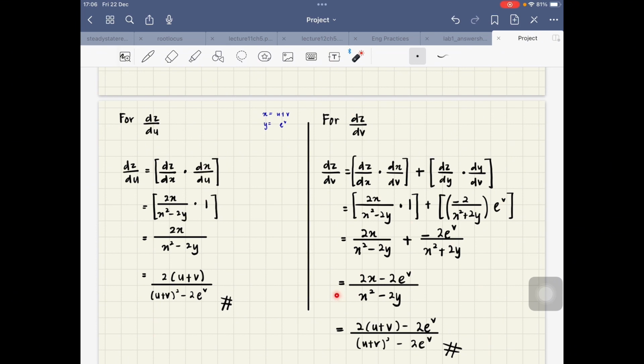The final answer should be 2x minus 2 exponent of v over x squared minus 2y.